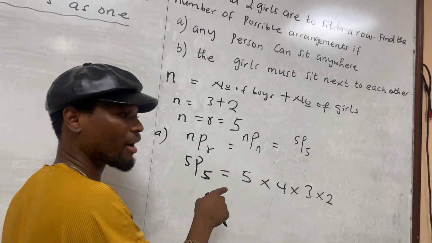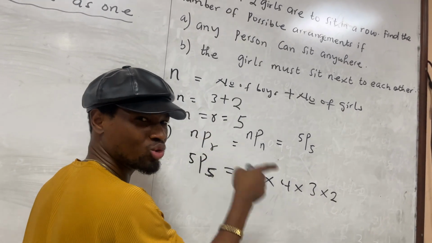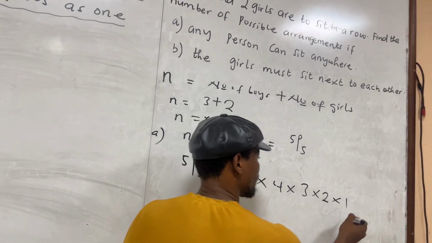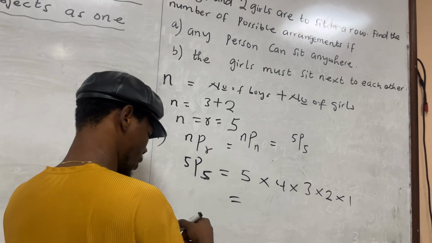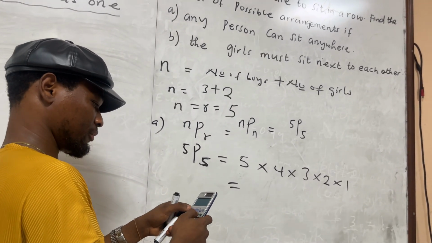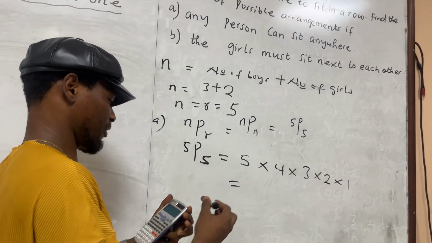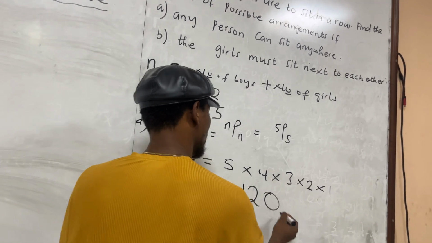Let me count whether the numbers are up to 5: 1, 2, 3, 4. I need to add the last number, which is 1. So 5 factorial is equal to 120.